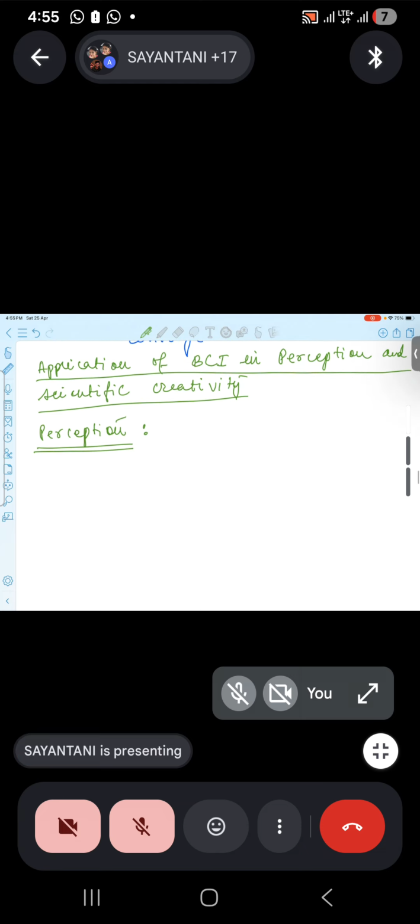Perception is basically a process by which the brain interprets and organizes the sensory information, which we capture via our 5 sensory organs.